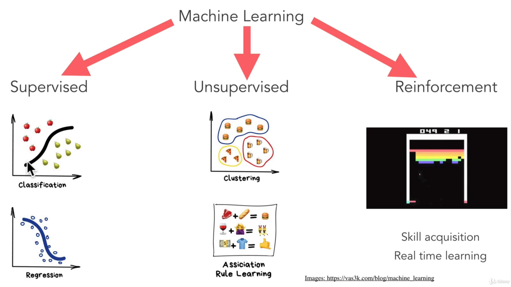So in a supervised learning scenario, we can do things like classification to decide, is this an apple or is this a pear? The machine learning model simply draws a line to decide, hey, this is an apple and this is a pear. Or we might do something called regression instead of classification, based on inputs, for example, predicting stock prices.